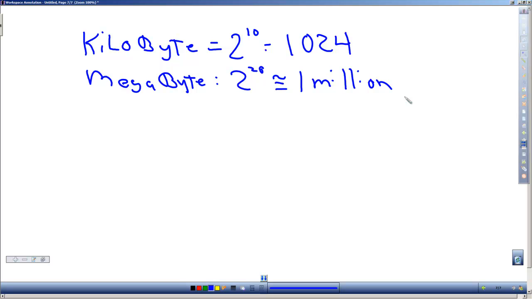And that's very typical, for example, in a hard disk drive, where if you buy a hard disk drive that is a terabyte or a trillion bytes, they have rounded it to the trillion, not the 2 to what we'll see as the 40th power, which is somewhat more than that.